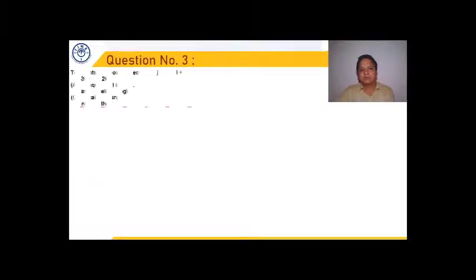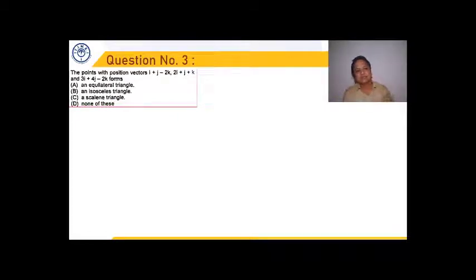Now moving further, we come to question number 3 of the handout. It says the points with position vectors i plus j minus 2k, 2i plus j plus k and 3i plus 4j minus 2k form an equilateral triangle, an isosceles triangle, a scalene triangle, or none of these.